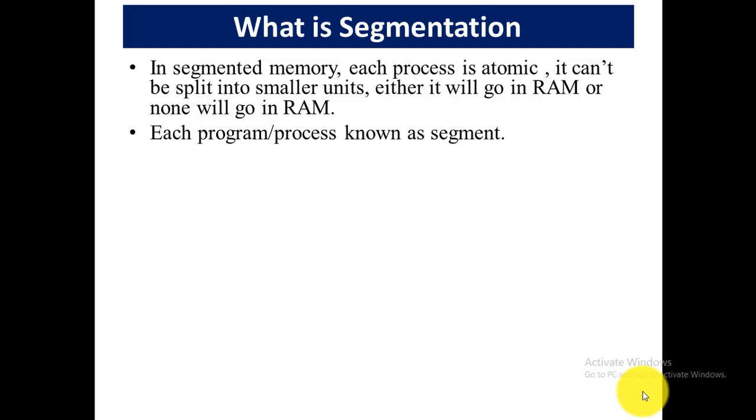So all the processes, all the programs that run in the computer are known as segments. Segments are swapped between RAM and disk. We know that on disk we create the virtual space, the virtual memory, the logical memory. So when RAM is full, a few segments that are not currently in use will move to the disk, into virtual memory.